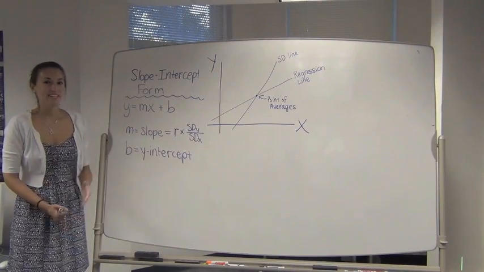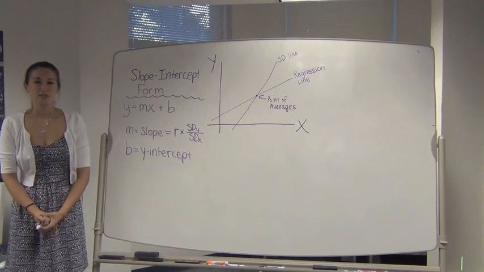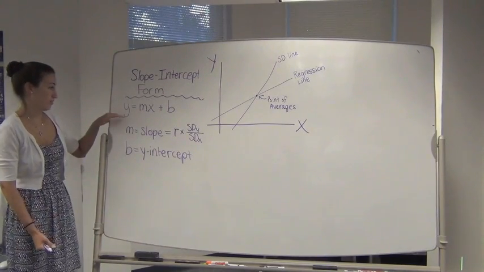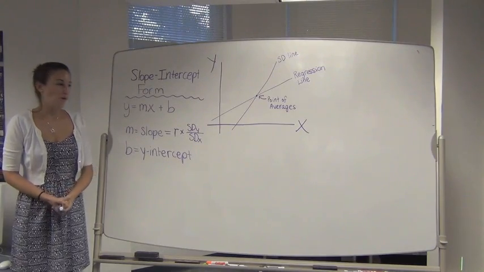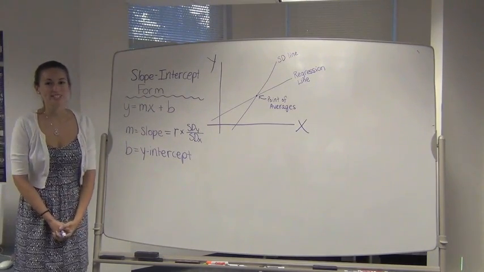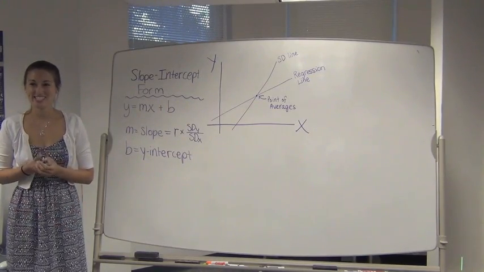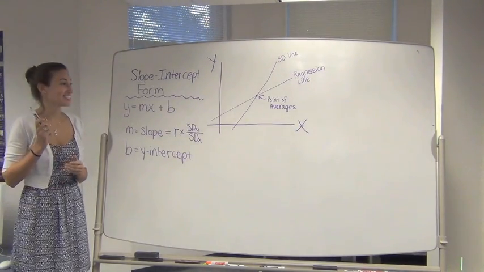So if we're given a list of numbers that has all of our y values and their corresponding x values, we can just pick any point. We can plug that in for our x and y. But if we're not given a list of numbers, what is one point that we know is always going to lie on the regression line? Yes? Well, last time didn't we learn about something called the point of averages? Yes, that's exactly right.